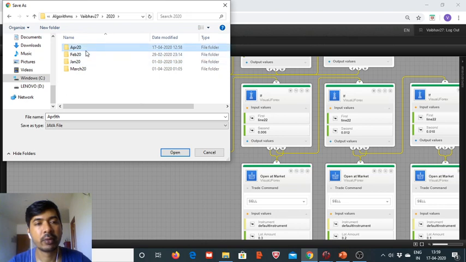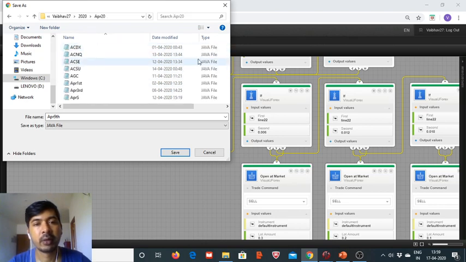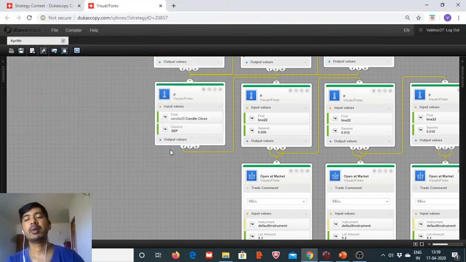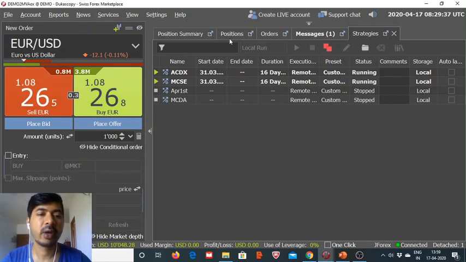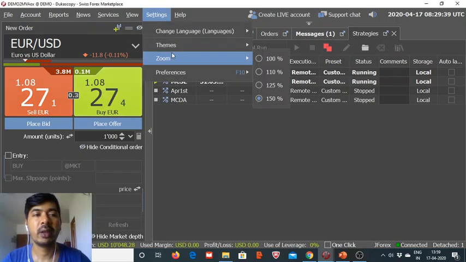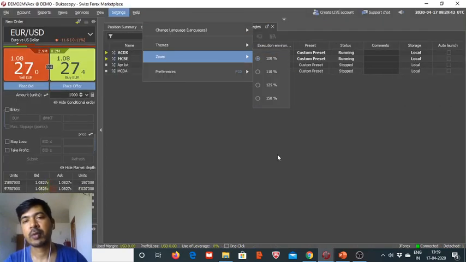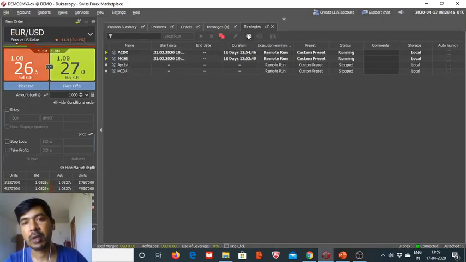We now save it here, April 9th, APR 9th. Okay, we have saved it. Now is the time to export the same file, import the same file in this JForex platform. So we import it.